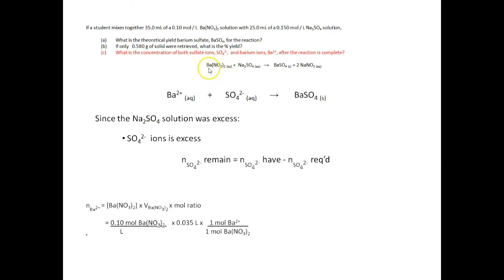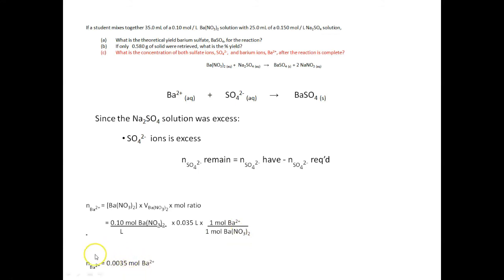For every one of these, how many barium ions do I get? And that's my mole ratio. So I had 35 milliliters of a 0.1 mole per liter barium nitrate solution, and for every one barium nitrate that dissociates, I get 1 barium ion, and that's where my mole ratio comes from. And so I get my moles.